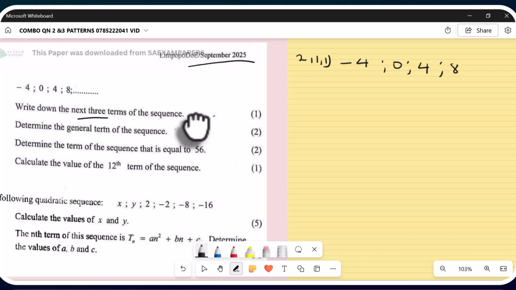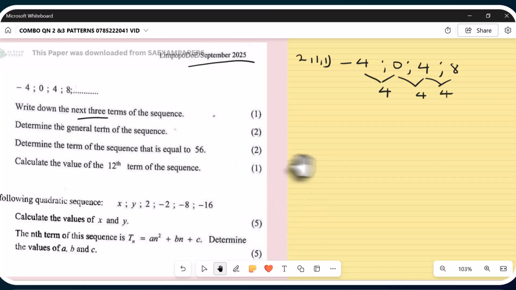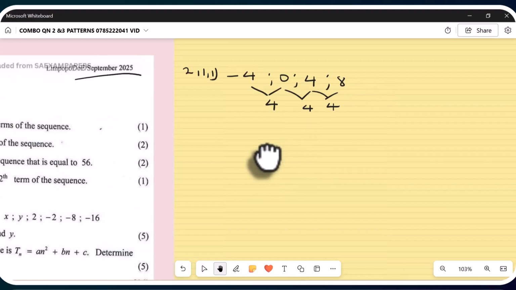So if our Tn equals 56, then what is the n going to be? Our 4n minus 8 should give us 56.